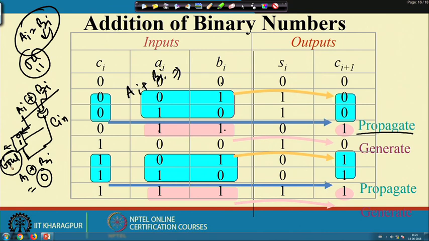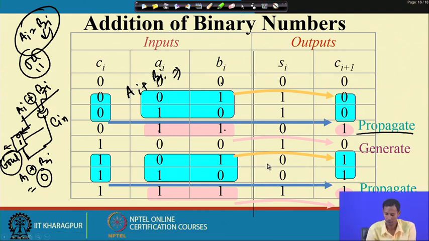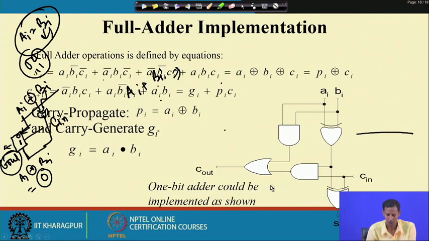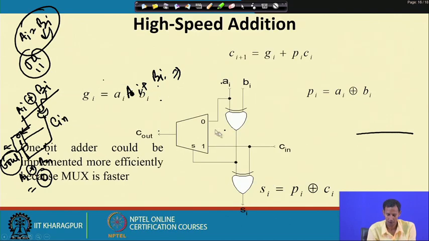Okay. So, using these muxes, now I can implement the same function, where this is the select line input and this is the A I and B I.